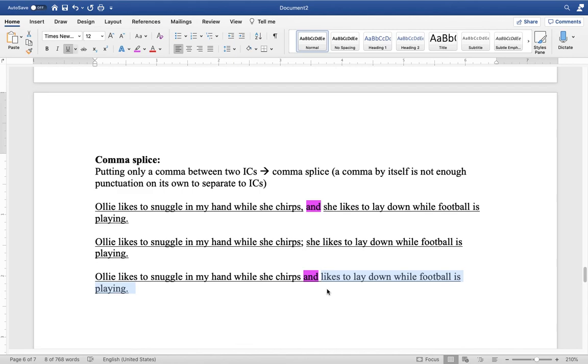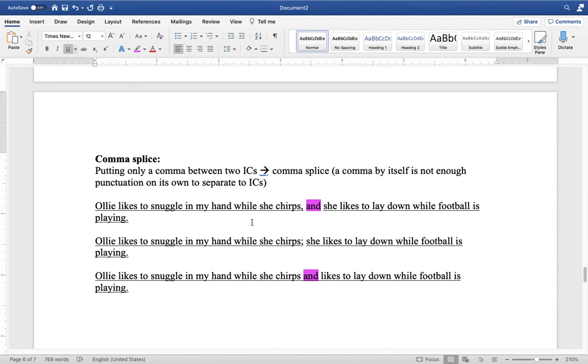With the dependent clause, the comma is not needed, so this entire thing on its own is an independent clause. So again, this here is independent clause, comma, coordinating conjunction, independent clause. This is independent clause, semicolon, independent clause, a full independent clause constituted by an independent clause, coordinating conjunction, and dependent clause.